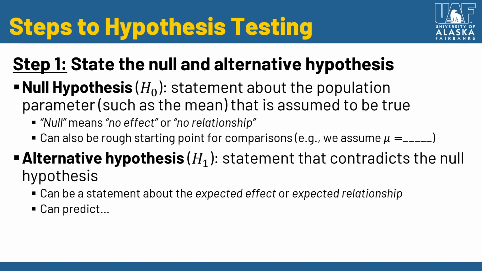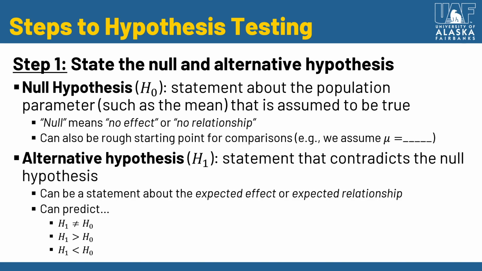And so in our alternative, we can do a couple things. We could predict that these two things aren't equal, right? For example, our population mean does not equal the sample mean, or vice versa, rather. We could say that one is greater than the other, or one is less than the other.